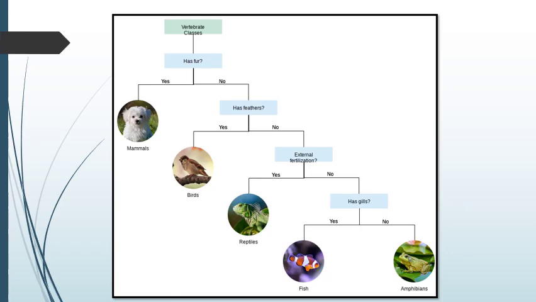If yes, then it will be a bird, and if no, then again the possible option is external fertilization, and it is yes for reptiles. And then again, whether they have gills or not. If they have gills, then it will be a fish, and if they do not have gills, then it will be from class amphibian.